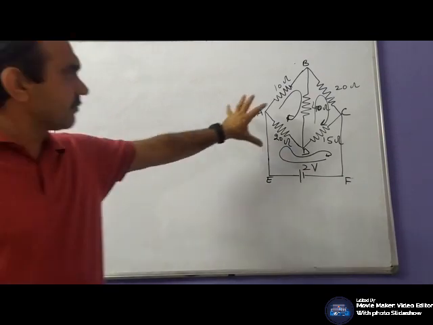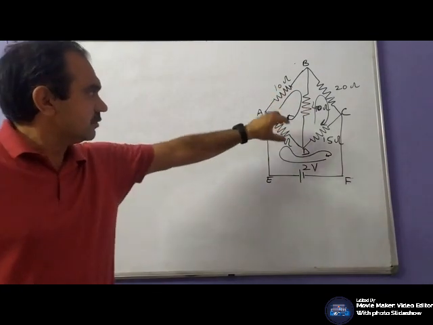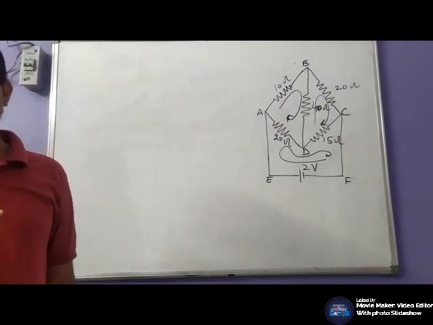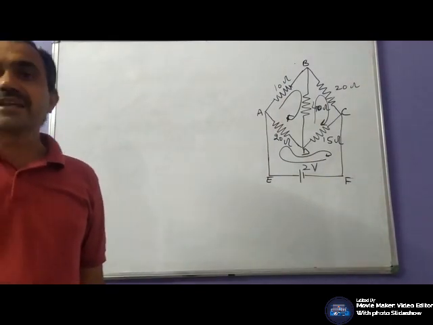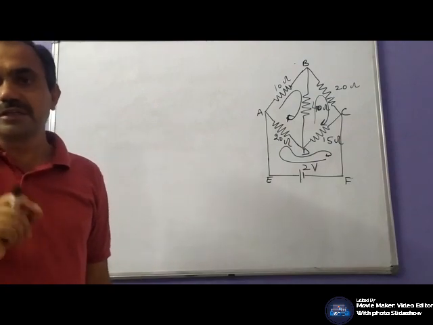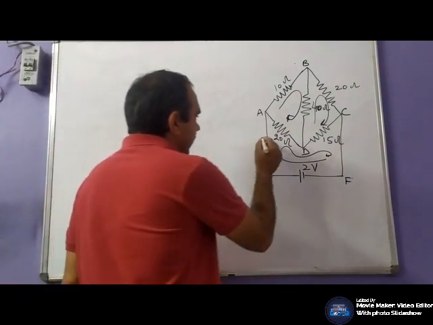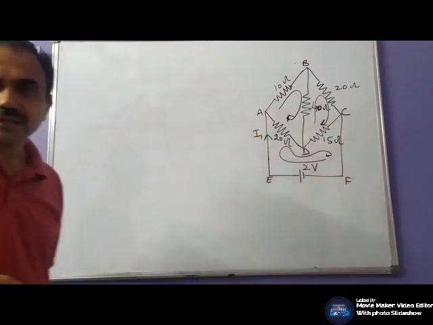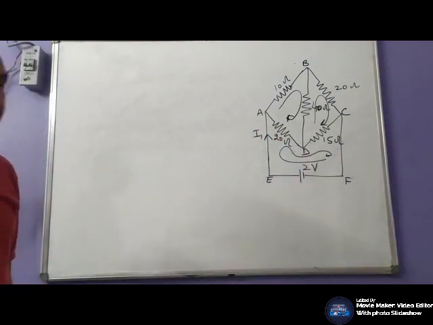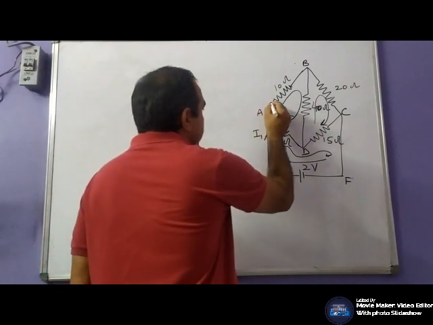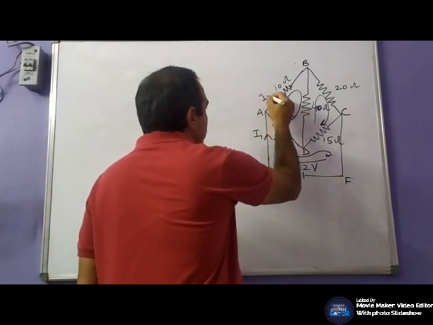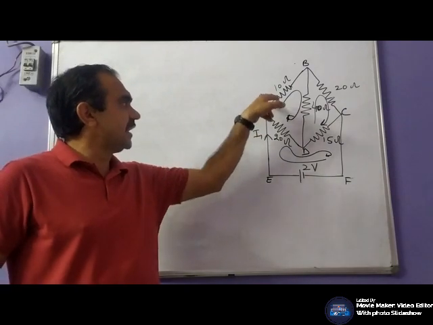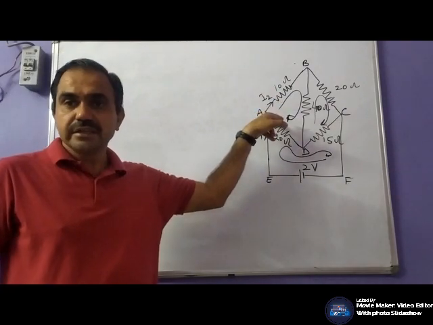Now I have considered 3 loops. Now our second job is to mark the direction of current. Let this current be I1, right? This would be I2. When this current is I1 and this is I2, what would be this current?